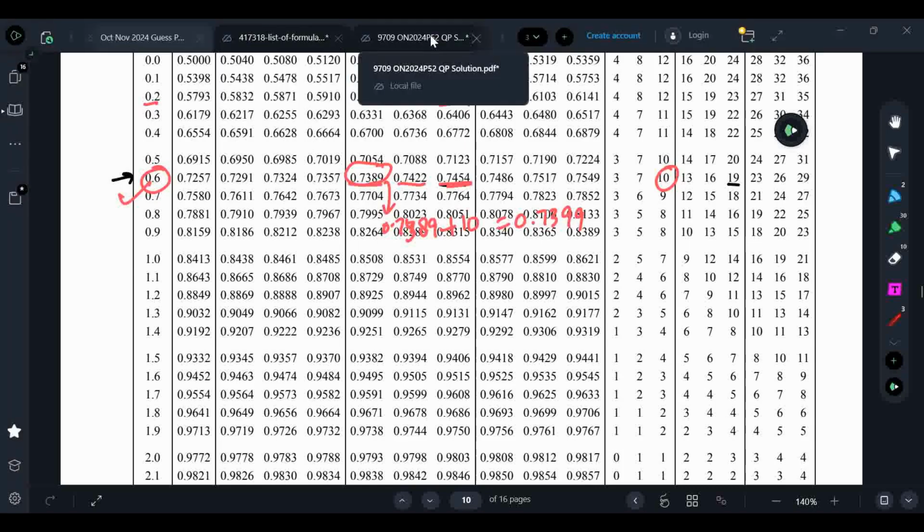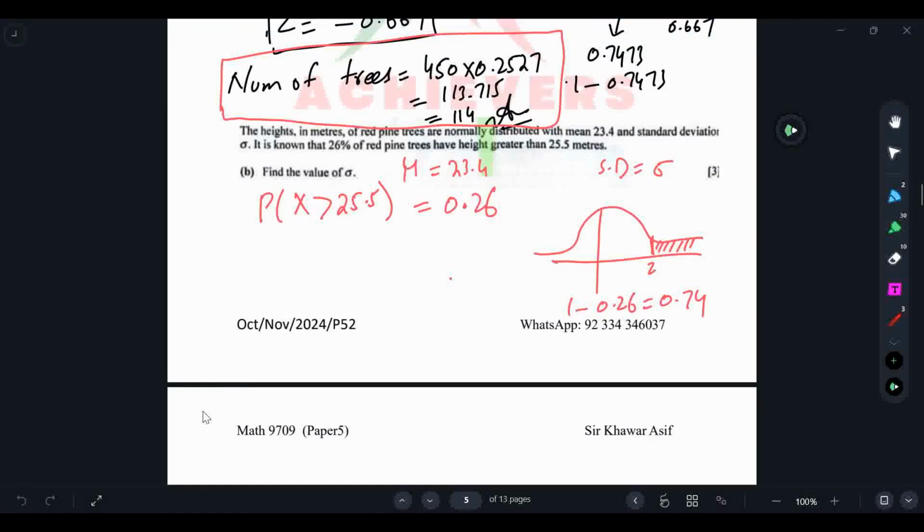So the value of z will be equals to 0.643, which is x, 25.5, minus mu, which was 23.4, whole divided by sigma. Now if we cross multiply it, we will get sigma is equals to 25.5 minus 23.4 whole divided by 0.643.